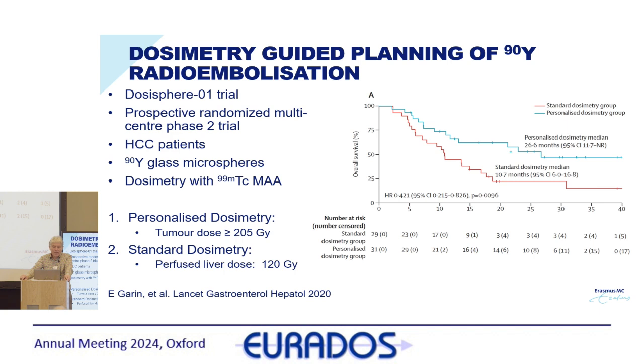The aim was to treat the tumor with a dose of 205 gray or more, and there is a clear advantage in survival, longer than a year, in comparison to patients that were treated to a safe dose to the liver of 120 gray. So there is a clear advantage in doing personalized dosing there.